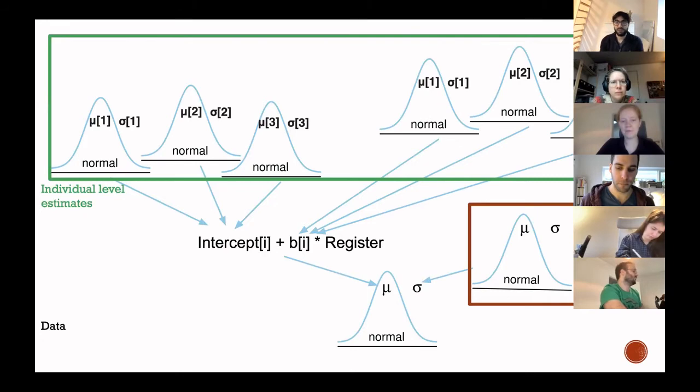And this is how it looks like, right? So we have a separate slope and a separate intercept for each participant. And each of them have their parameters, mu1 and sigma1 for the intercept of participant 1, mu2 and sigma2 for the intercept of participant 2, and so on and so forth.